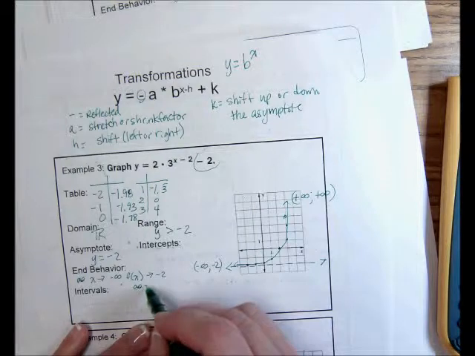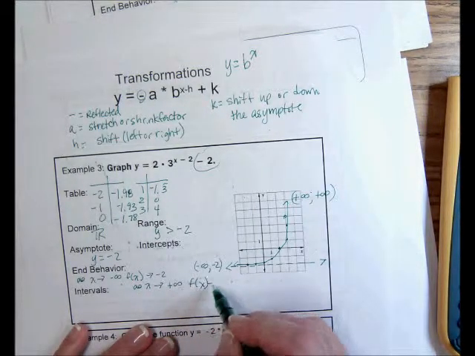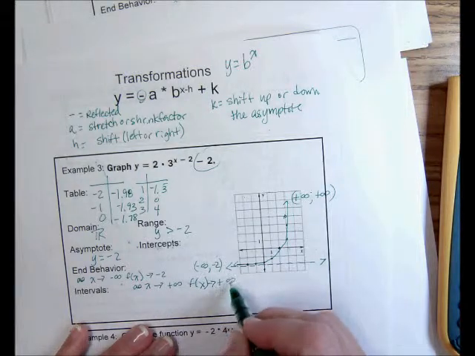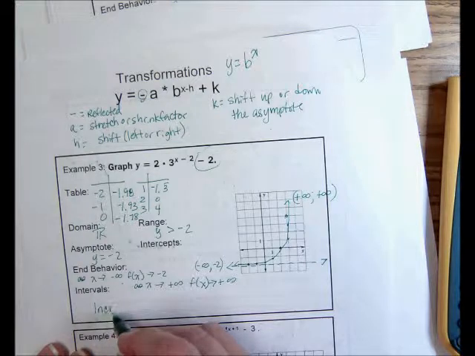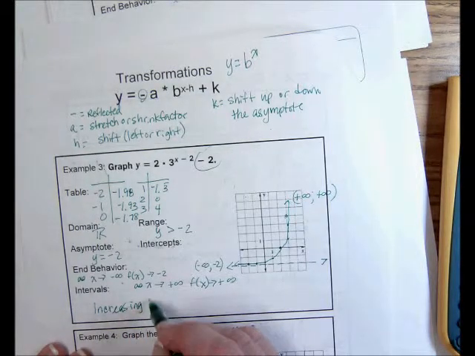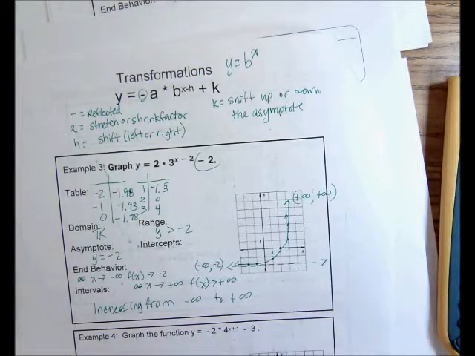And so as x approaches positive infinity, f of x approaches positive infinity. And then my intervals, again, it is increasing from left to right, from negative infinity to positive infinity.